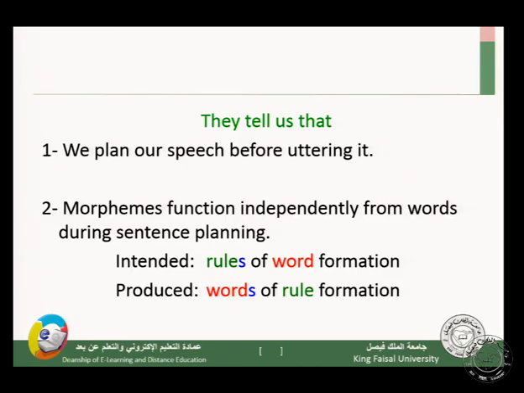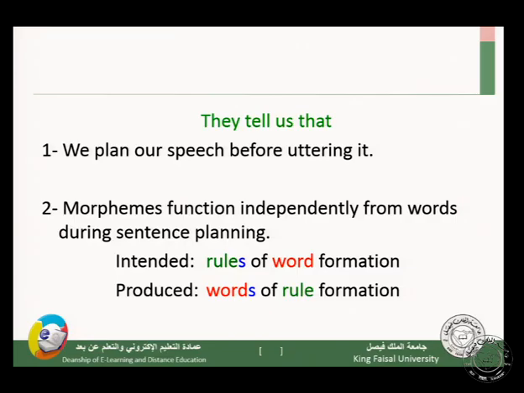Slips of the tongue tell us, as linguists, two important facts. The first is that we plan our speech before uttering it. If you look at the example below, we have an intended speech and we have a produced speech. Rules of word formation. This is the intended.